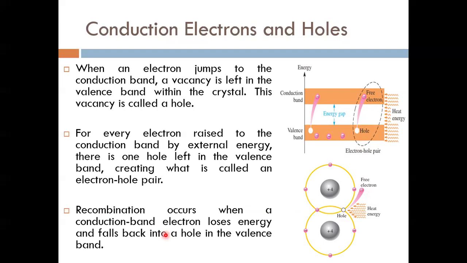So from this we get the idea of how an electron and hole pair is generated, and this free electron is basically responsible for conduction, and due to this reason these electrons are also called conduction electrons.